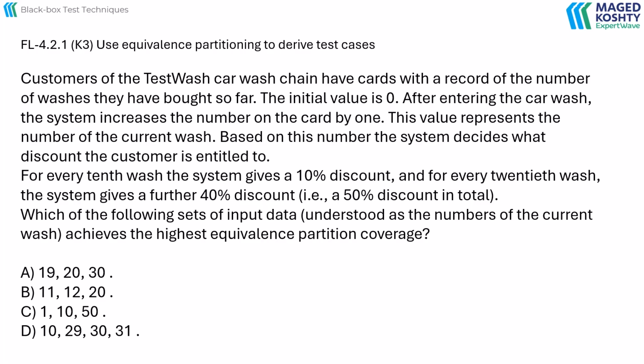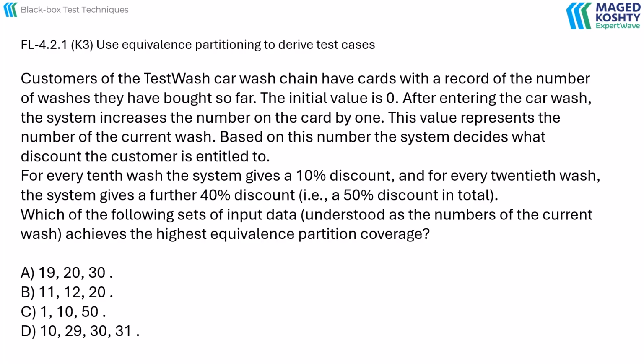partition coverage? To define the partitions, we know that each value in a single partition should have the same effect on the system. In this scenario, the effect is the discount to which the customer is entitled. The car wash can provide 0 discount, 10% discount, or 50% discount. 3 partitions total.